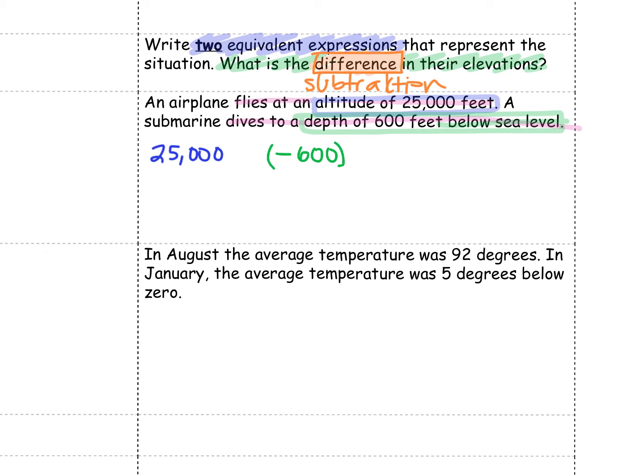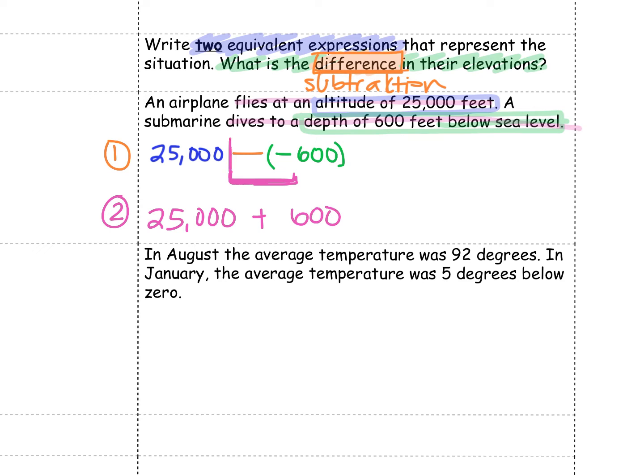And it says we have to write a difference, write a subtraction problem. This is expression number 1. I know expression number 2, I can rearrange what this looks like. I know minus a negative, a double negative is really plus a positive. So I can write this as 25,000 plus 600.